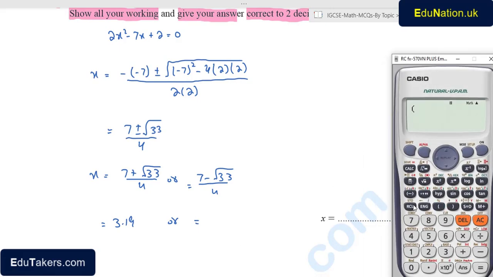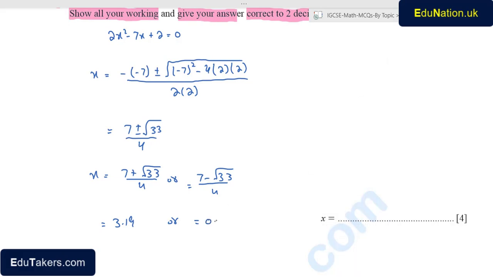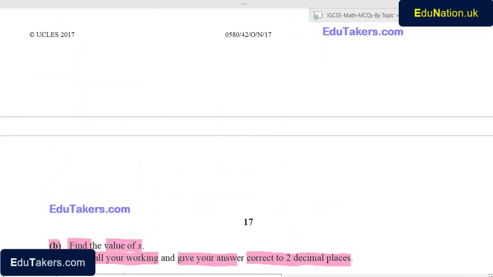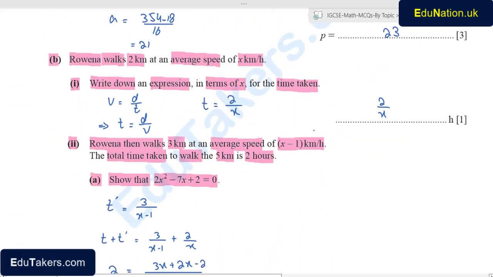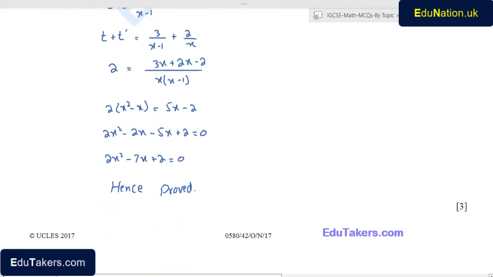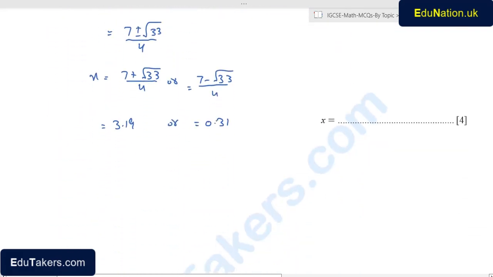And 7 minus square root of 33 over 4 is 0.31. Here the speed is x minus 1 kilometer per hour. We cannot use this value, we will use only the other one. So x is equal to 3.19.